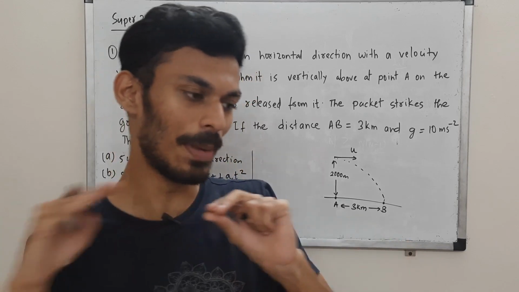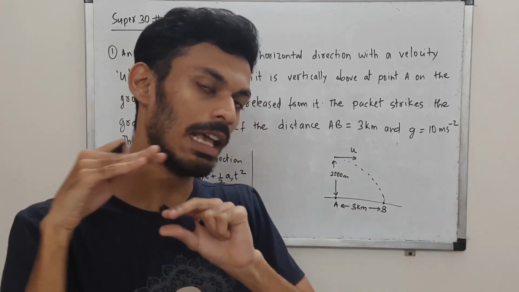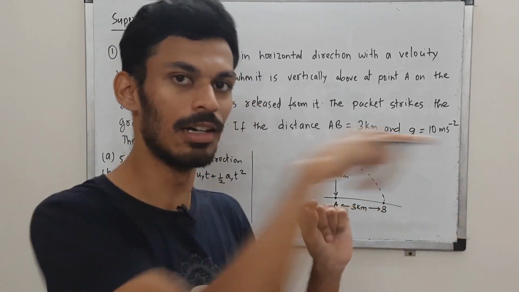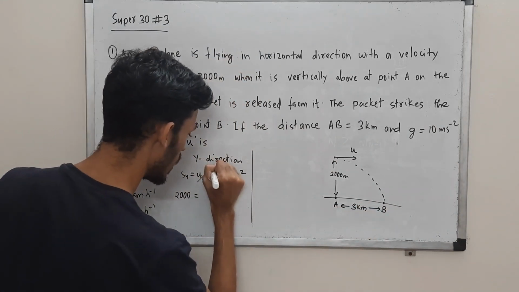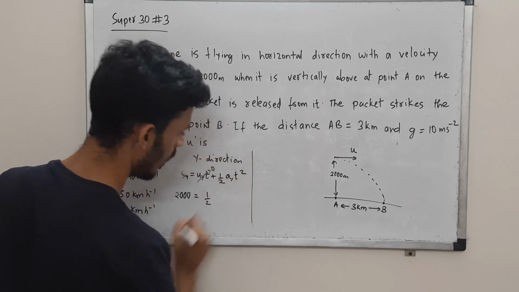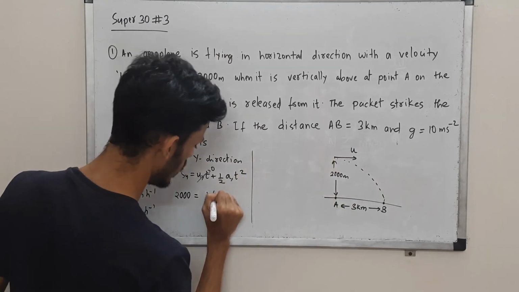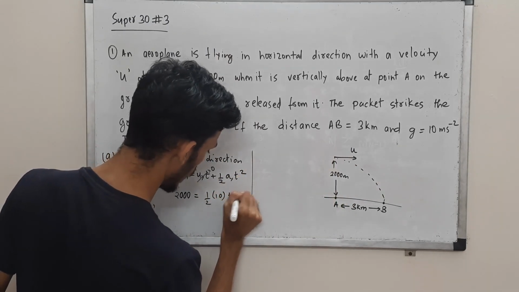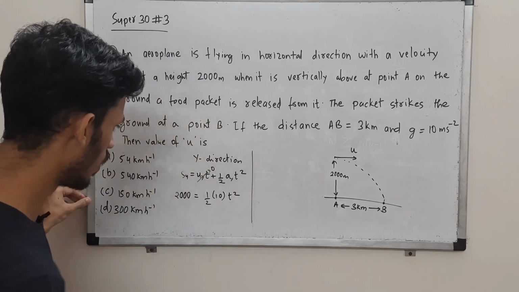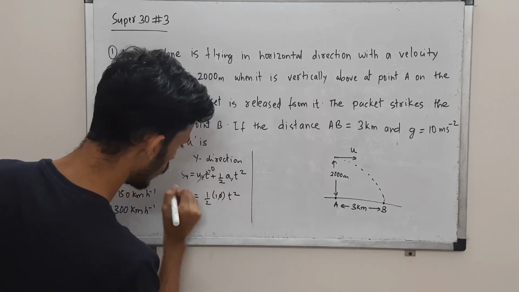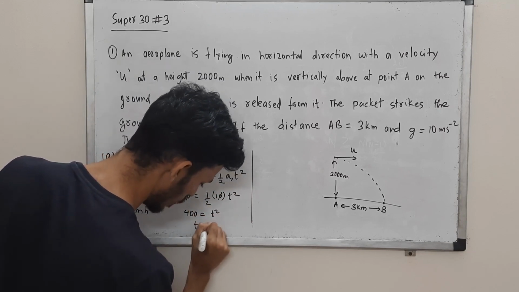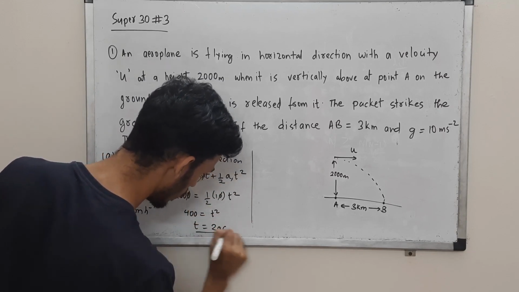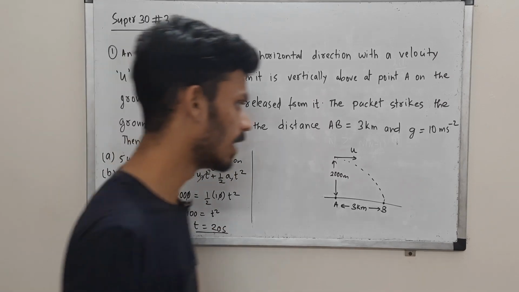The packet is traveling with the plane with velocity u in the x direction. There is no y component over there. So this effectively becomes 0 and we are left with half ay t square. We can take ay as g, which is 10. We can cancel this. This will be 400. 400 is t square, meaning t is 20 plus or minus, but time can be only positive. So t is 20 seconds.